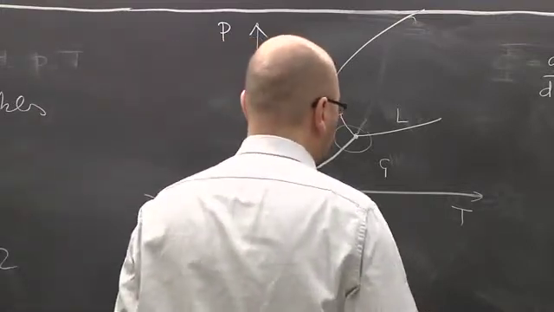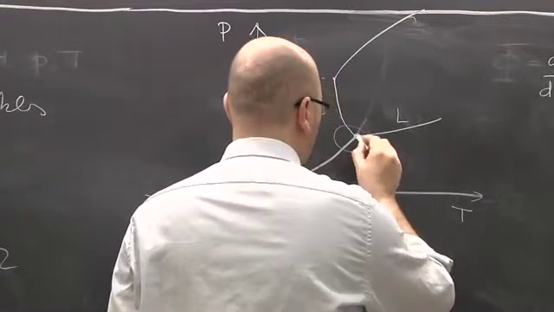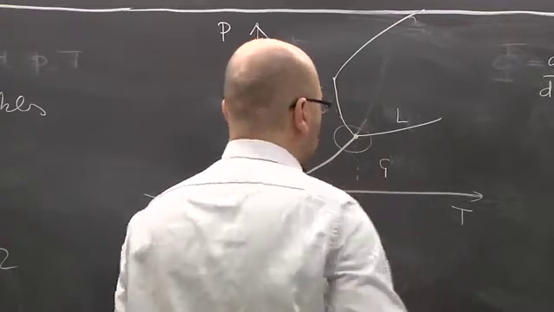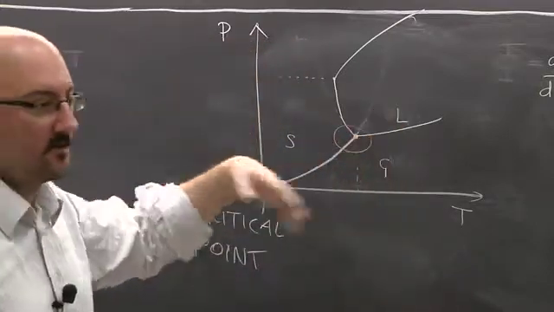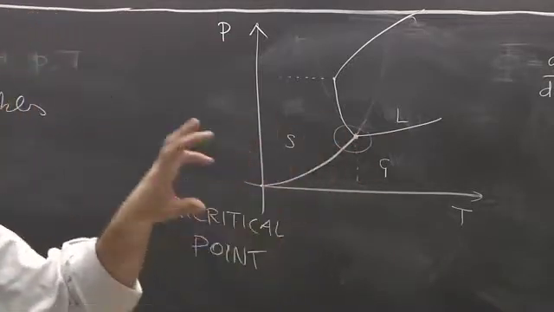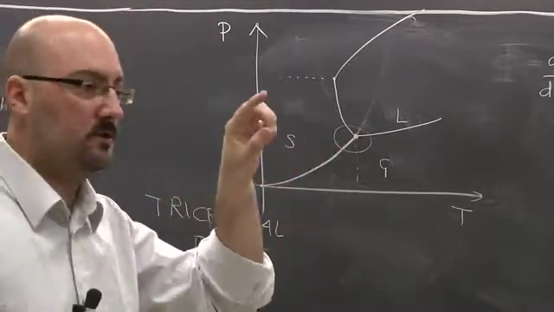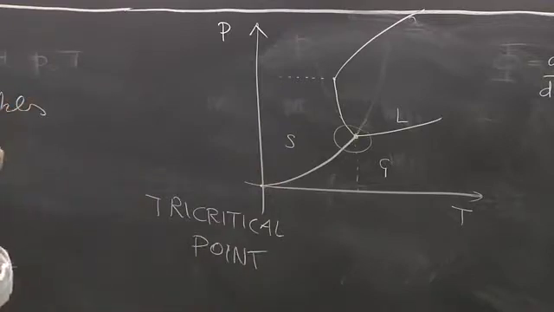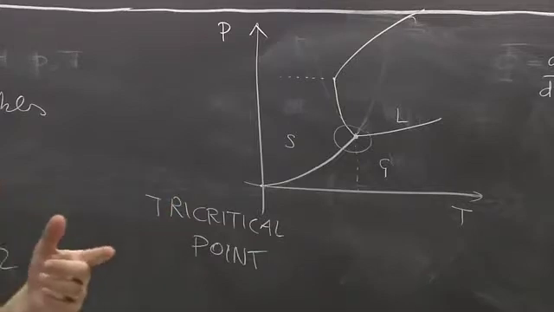And for water, so first of all, this kind of point exists for all substances. There is a point around which solid, liquid, and gas, three phases of the substance, actually coexist.